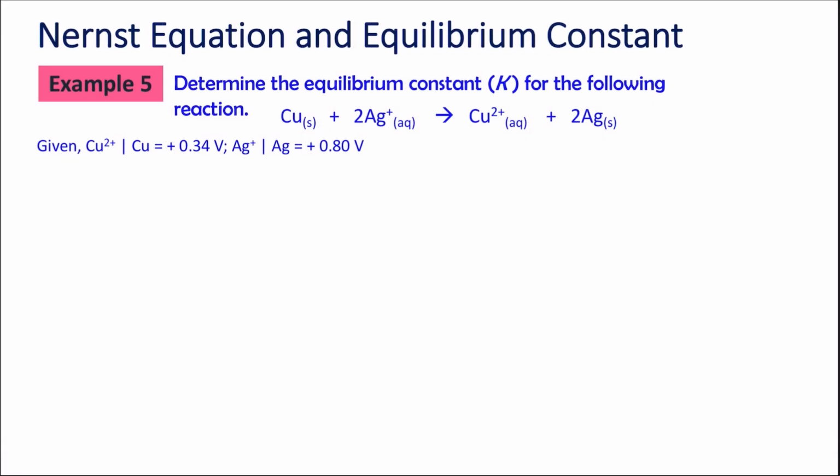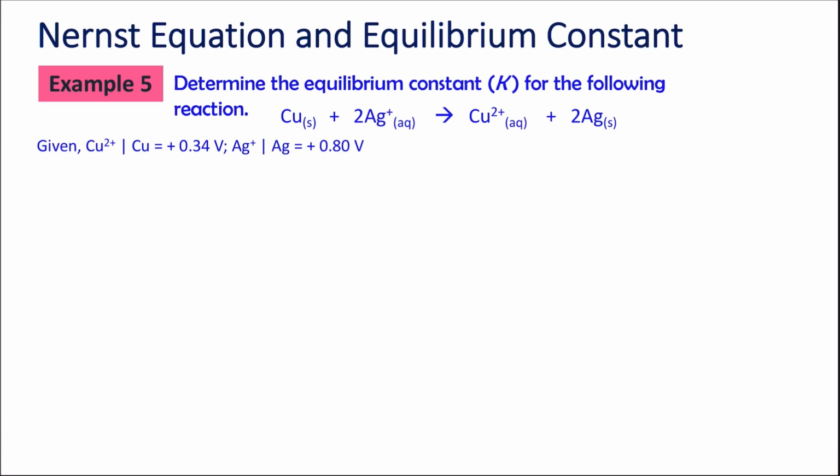So, let's try next example. Dia minta awak untuk calculate the equilibrium constant. So, saya akan teruskan di mana apa yang saya ada adalah overall equation. So, untuk saya tentukan siapakah anode and cathode, saya akan lihat kepada oxidation number ataupun which SRP value is more positive.